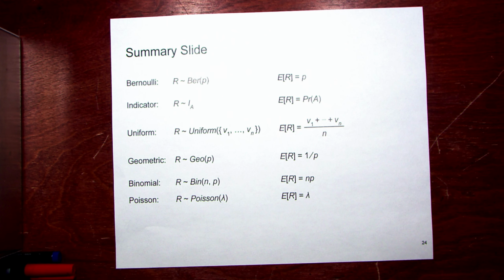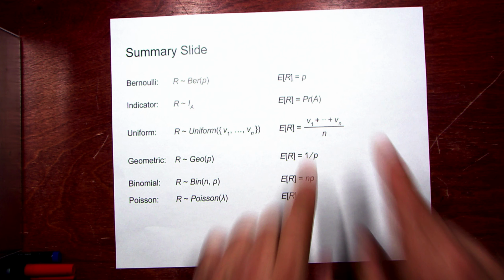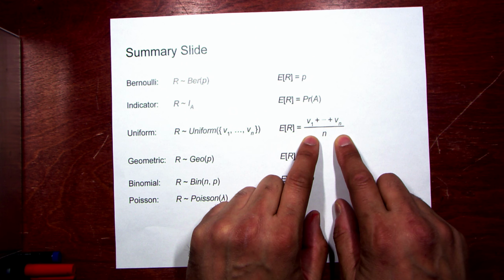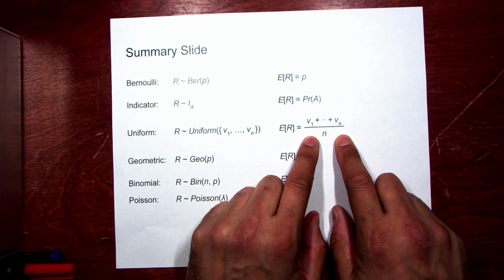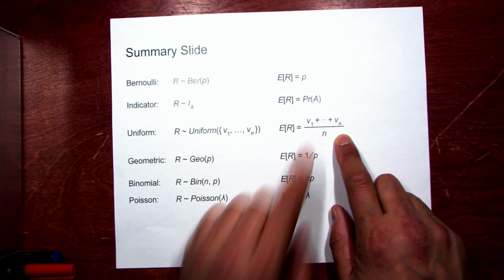It's a rather dull-looking slide, but anyway, we have looked at expected value, where the distribution is centered, for all the distributions that we tend to care about. Binary thing, Bernoulli or indicator, it's tied to the probability of the event occurring. Uniform is more of a classic average: you add up all the values and divide by n, so it's weighted equally.